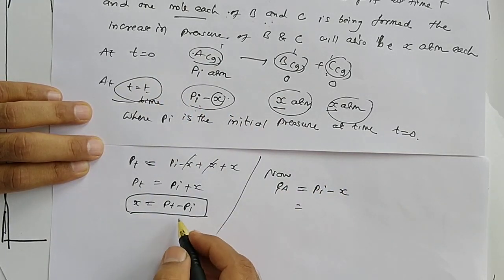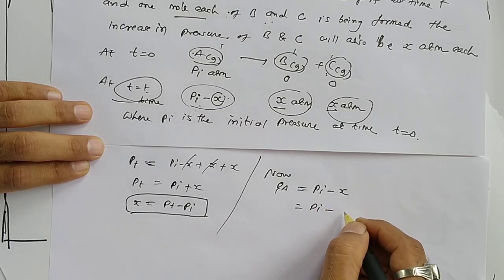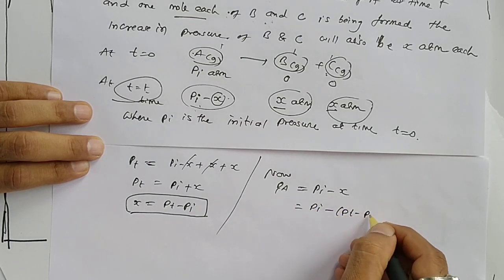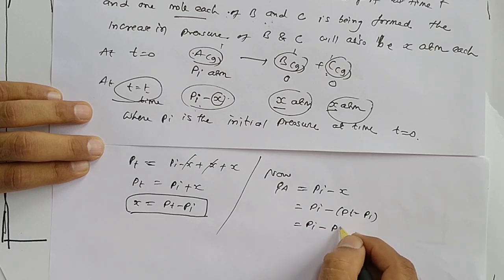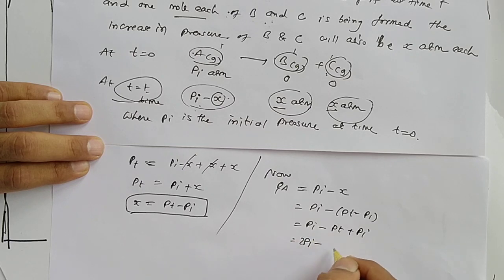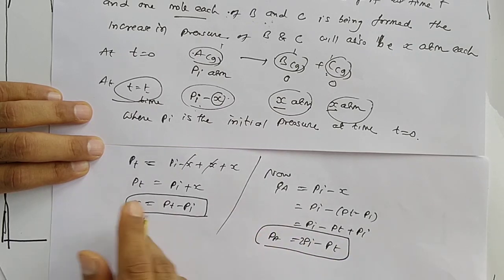Put down the value of x here, Pi minus into bracket Pt minus Pi, so here plus becomes minus, minus became plus, so 2 Pi minus Pt is Pa, understood?